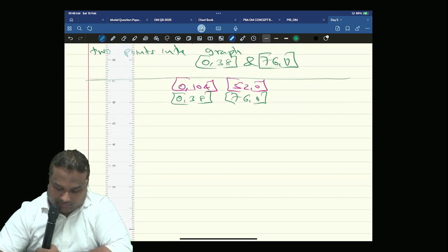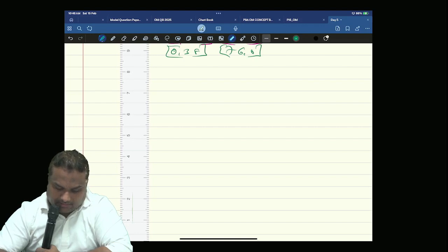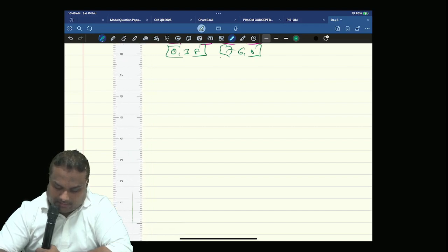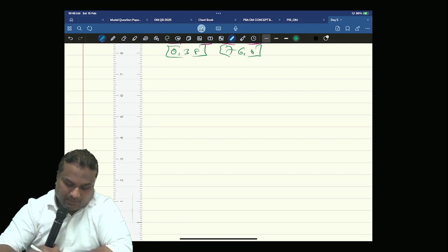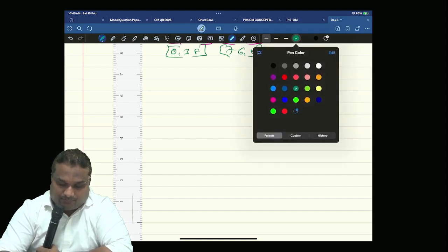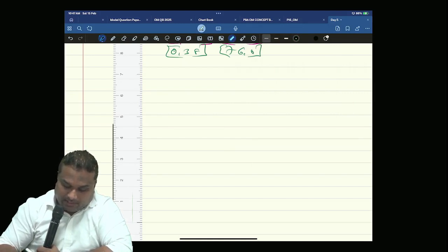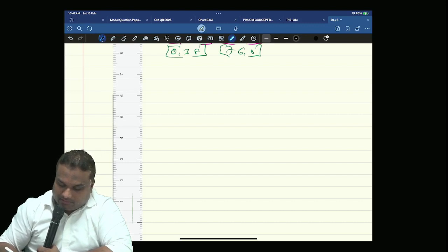Can I take 1 centimeter as 20 units? Is it okay, everybody? So that I can manage. If you permit only, I will do. Agreed?